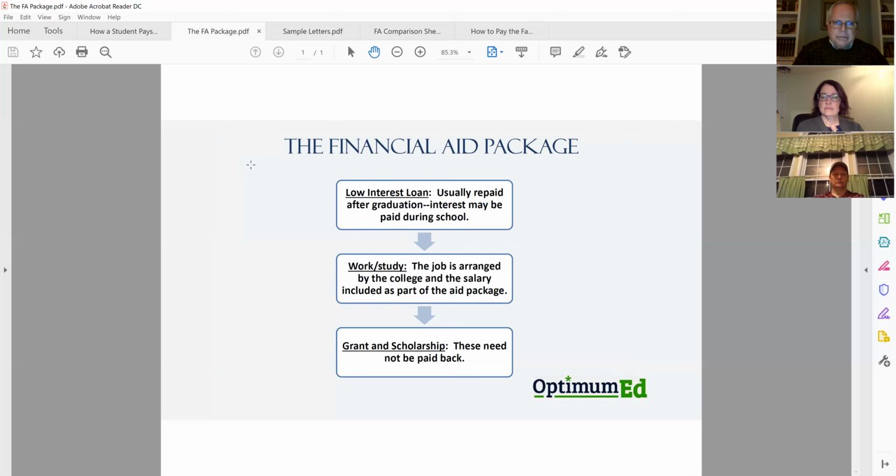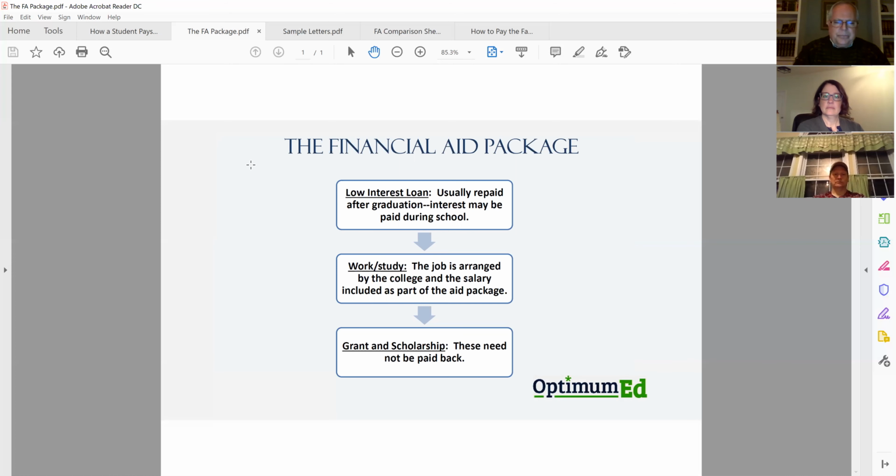So I'm going to show you some examples of previous financial aid awards, and talk through them so you can see how, if your student is accepted to four, five, six schools, those financial aid award letters may all look different.